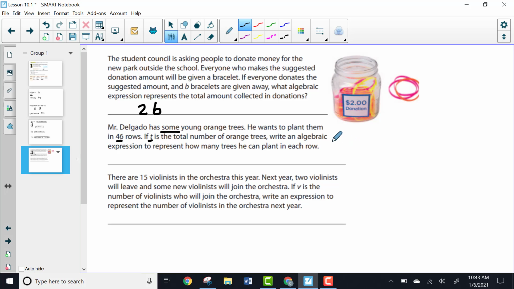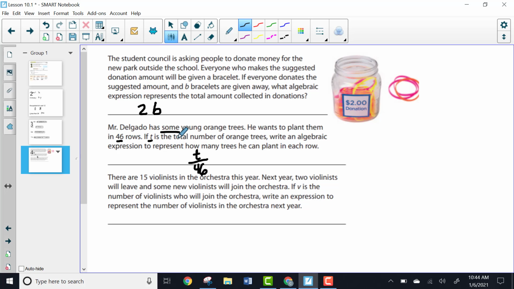So we're going to do T for the trees divided by 46. Again, we're not trying to solve this problem at all. This is just the algebraic expression that represents this problem. We can't solve it. We don't know how many are in each row because we don't know what some means. So we use T to represent some.